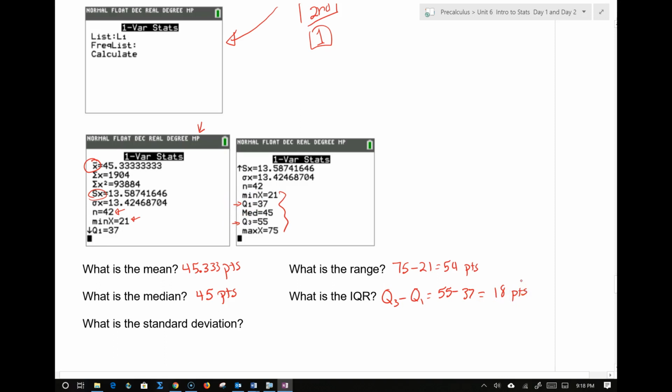So basically your middle 50% of your data is within 18 points of each other, is really what it's saying. Standard deviation, well, that's going to end up being 13.587 points. And that's on average how far away people are from the mean. So wasn't that really easy, and it did all the work for you.